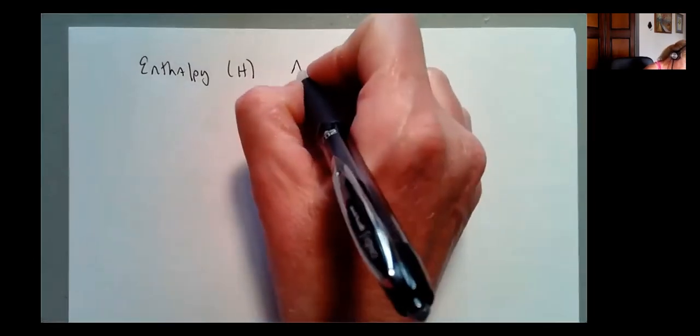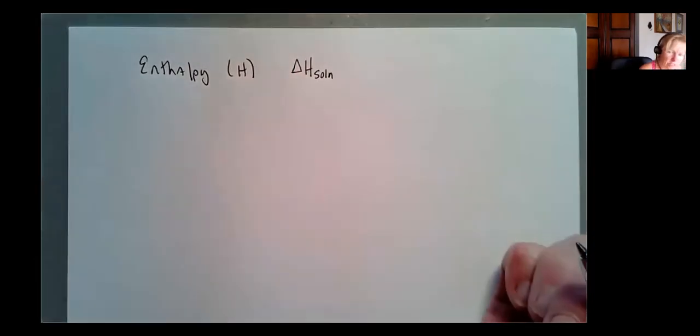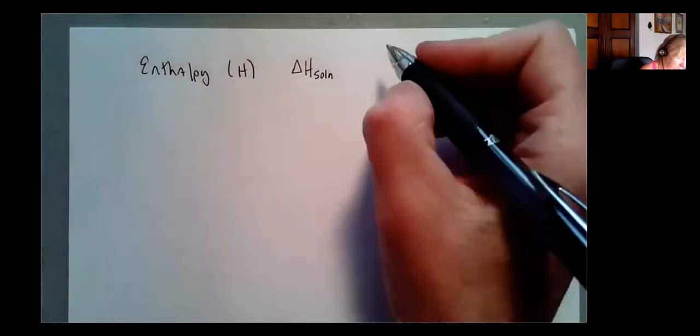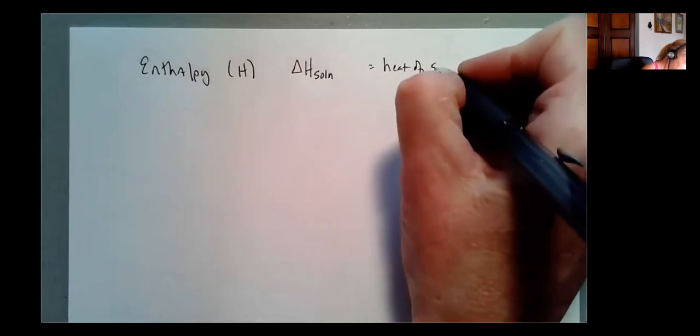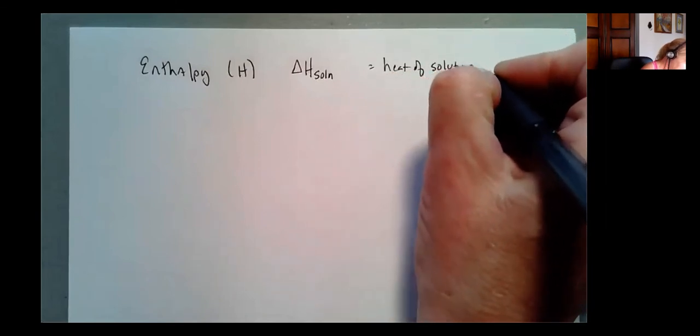All right, so enthalpy. Big H. Remember, this is a state function. We're often looking at the change in enthalpy, and now we're going to apply it to a solution. So this is going to be called the heat of the solution rather than the heat of the reaction.